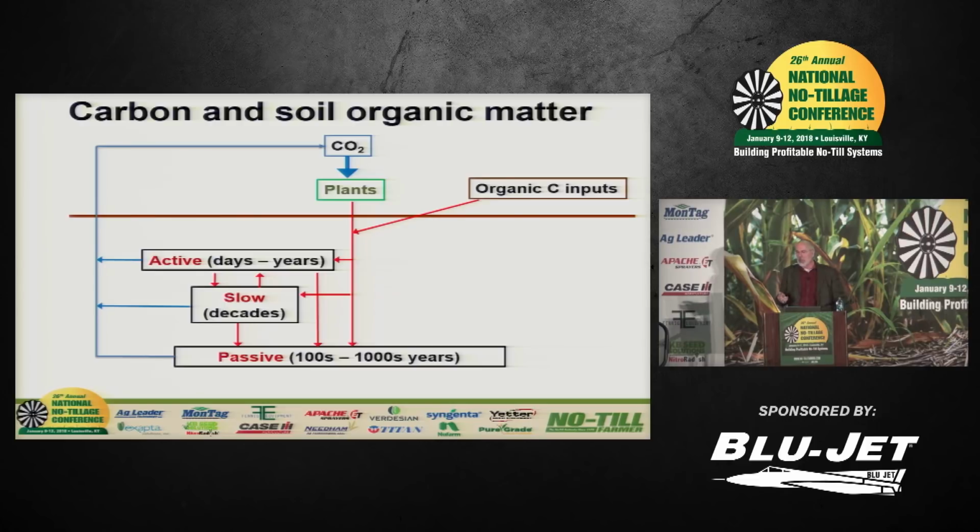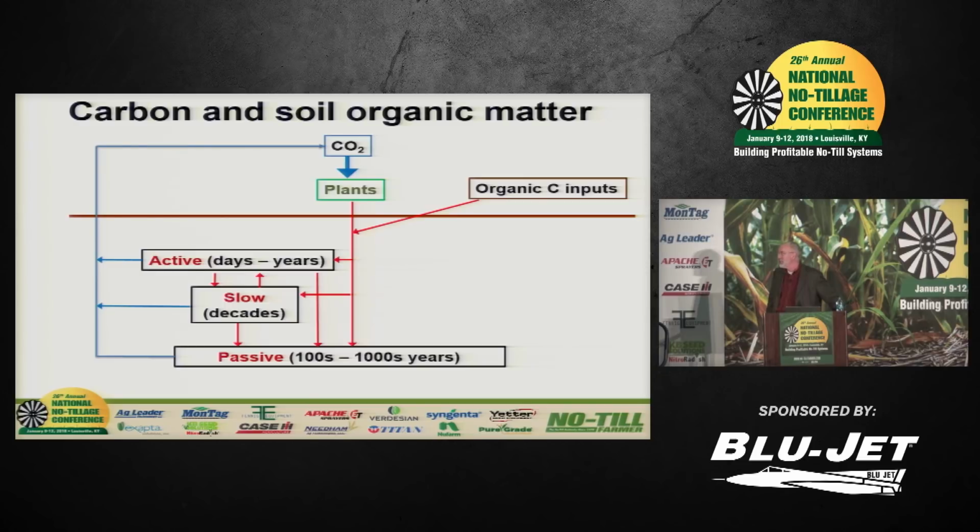But as we said, CO2 enters our world through plants. And even if that's organic inputs, and when I think organic inputs, I'm thinking manures or composts or biosolids, anything that has a lot of carbon in it, all that stuff, if you think back far enough, it started as a plant somewhere, and you can trace it through, and it's a plant byproduct.